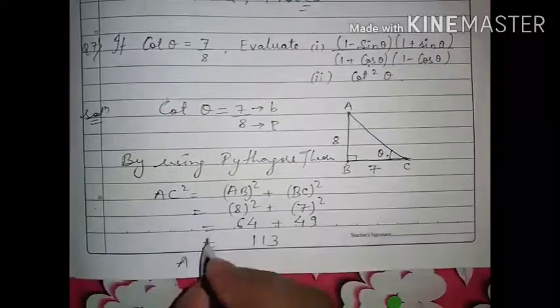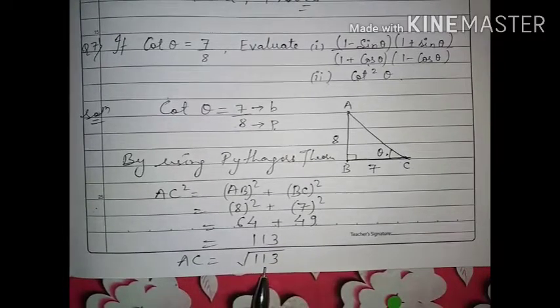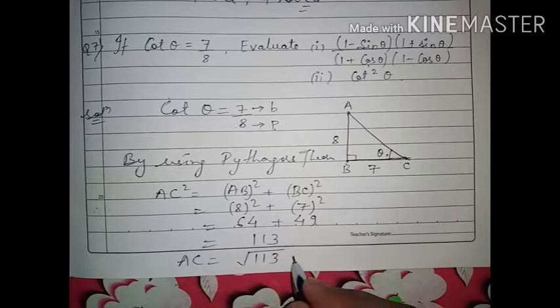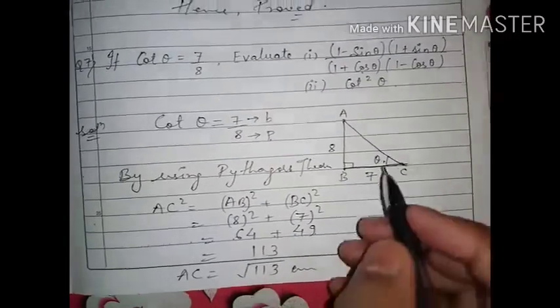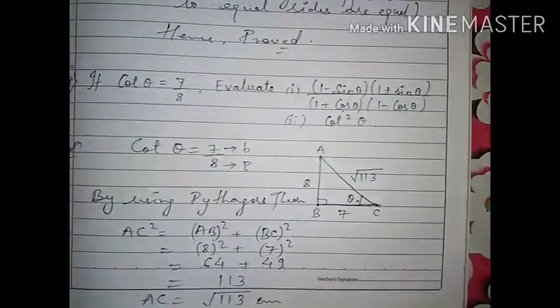So I can write AC is equal to under root of 113. This is not a perfect square number, so write it like this only, root under 113. So this side AC is root under 113 centimeter.